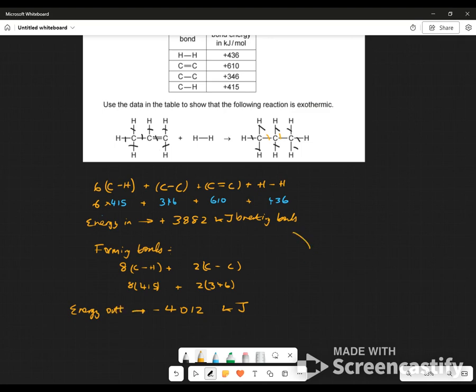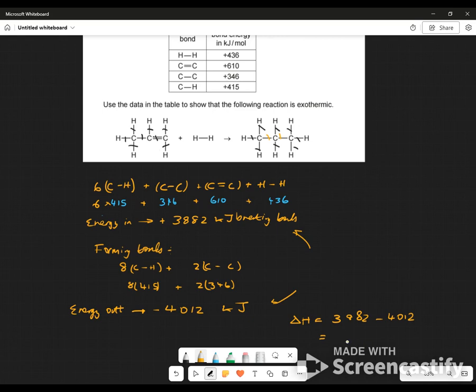So I put this energy in, and I got this energy out. So overall then, delta H must be the energy I put in, which is 3882, minus the energy I got out, which is 4012. So here we go, 4012, 3882.